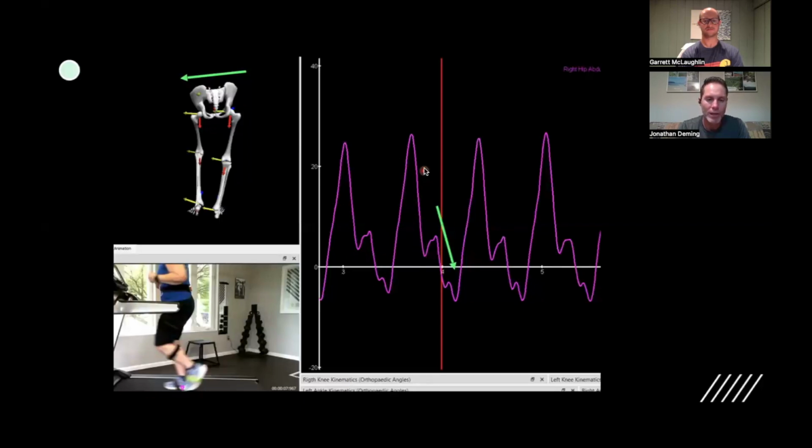So if you don't know what abduction is, basically the leg moving outward from the hip. So abduction is away while adduction is going inward. And you can see from this angle, her thigh angle, that she's actually going inward towards the center of her body. So that's adduction, ADD.